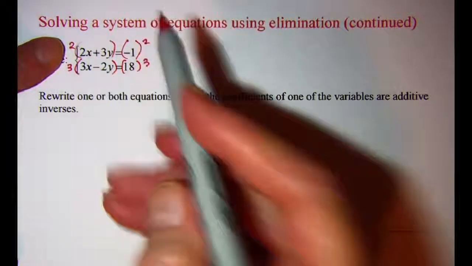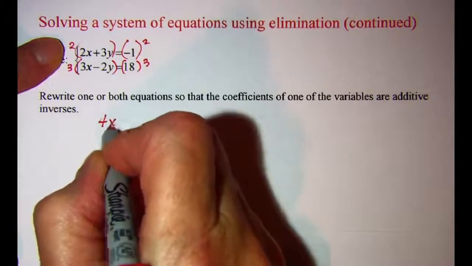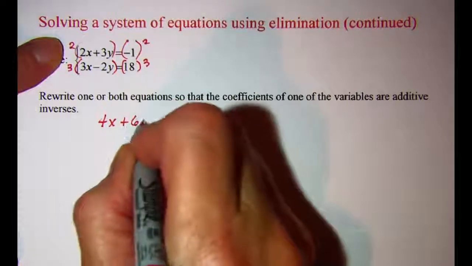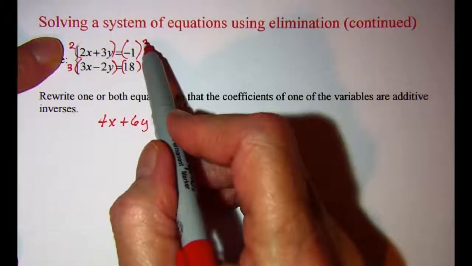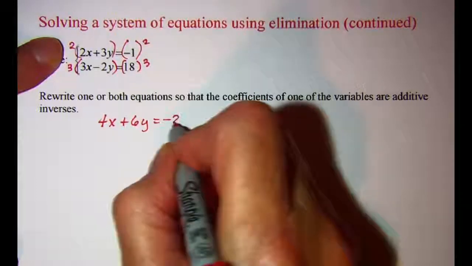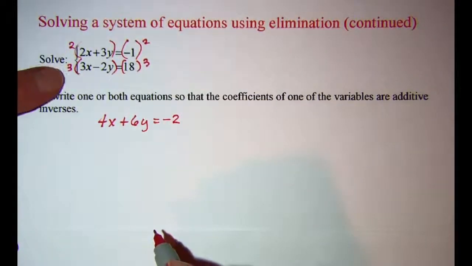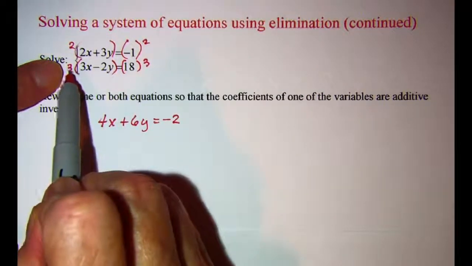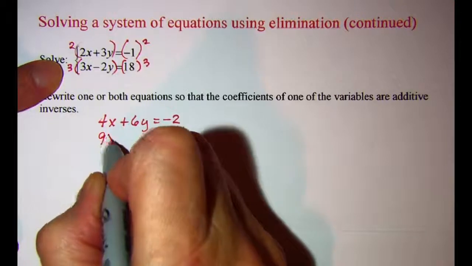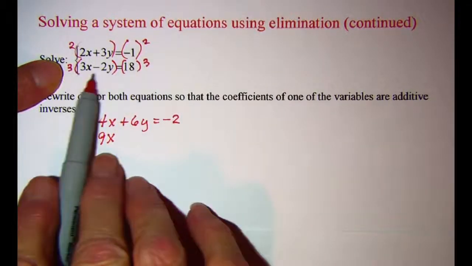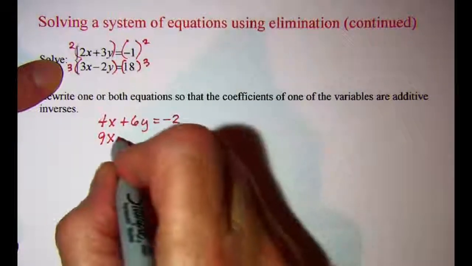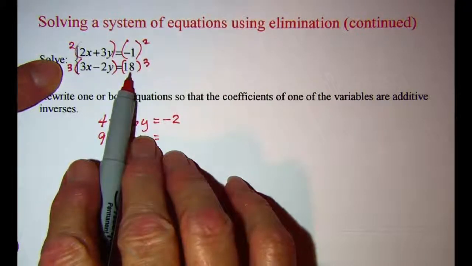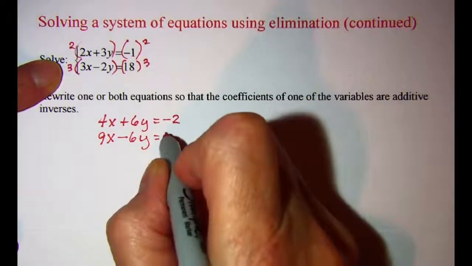So 2 times 2x is 4x. 2 times 3y is 6y. And then 2 times negative 1 is negative 2. Let's rewrite the second equation, multiplying the 3 through. 3 times 3x is 9x. 3 times negative 2y is negative 6y. And then 3 times 18 is 54.